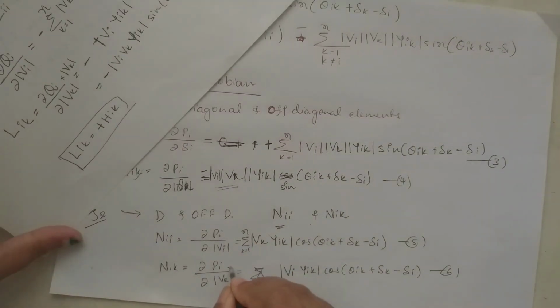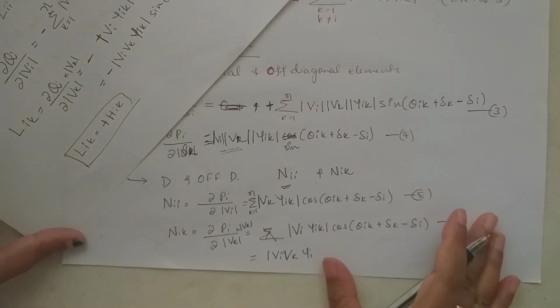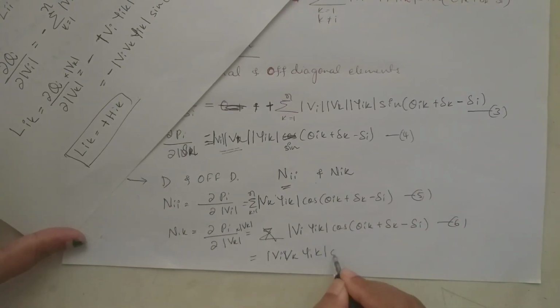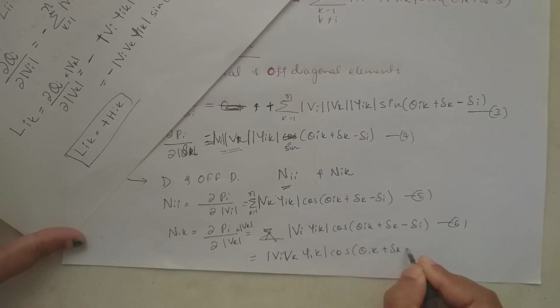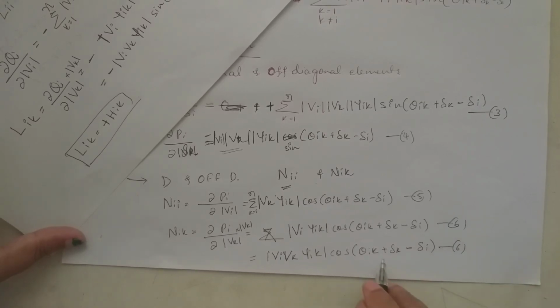So we have to multiply it by VK, so that it becomes Vi Vk Yik cos(theta ik plus delta k minus delta i). Now it becomes equation 6.